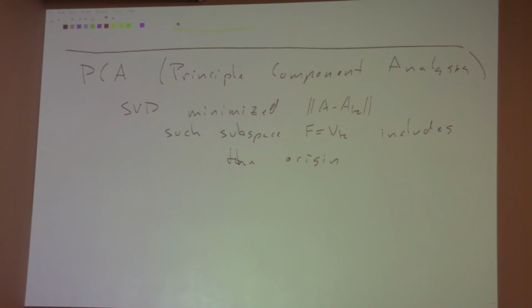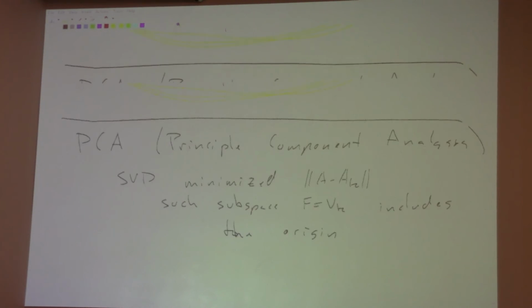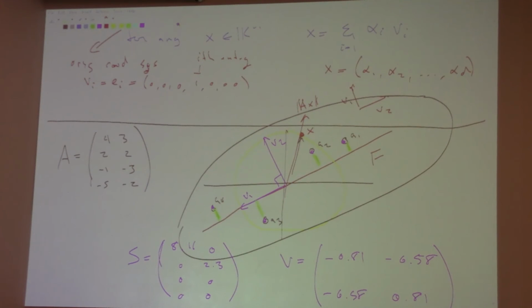So it includes the (0, 0) point. If I went back to this picture, this F needed to go through the origin here. The SVD finds the best subspace that's forced to go through the origin.